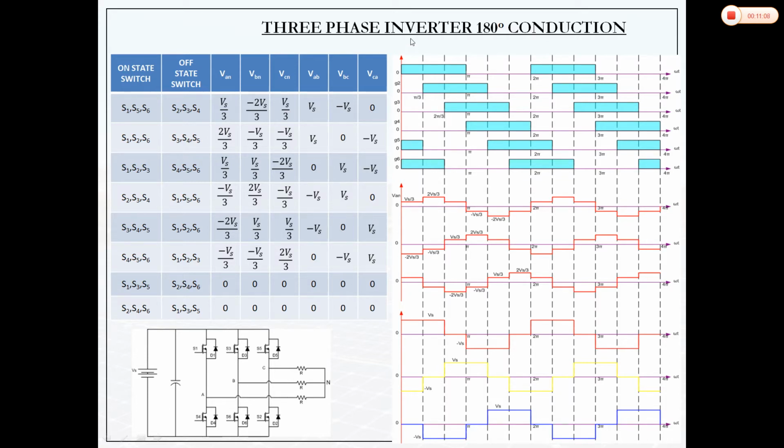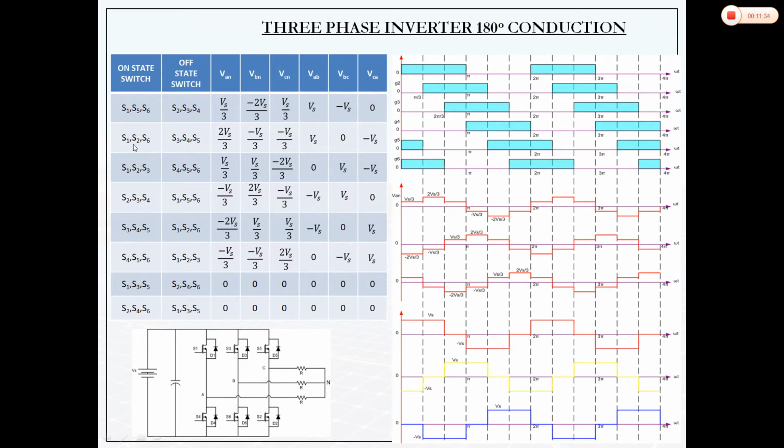If I consider the first 60-degree interval, in that you can see G1 is high, G5 is high, G6 is high. So switches 1, 5 and 6 will be on, and the remaining switches will be off. Similarly, in the second interval you can observe G1 is on, G2 is on and G6 is on.